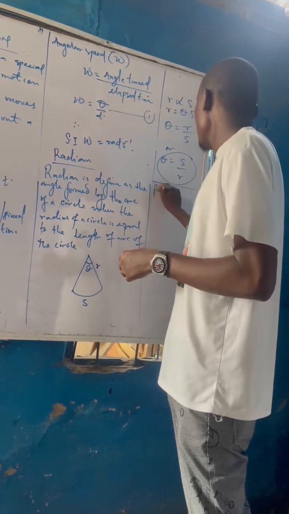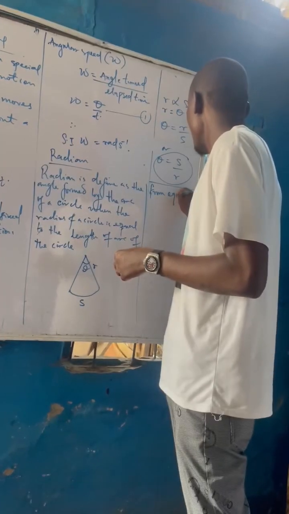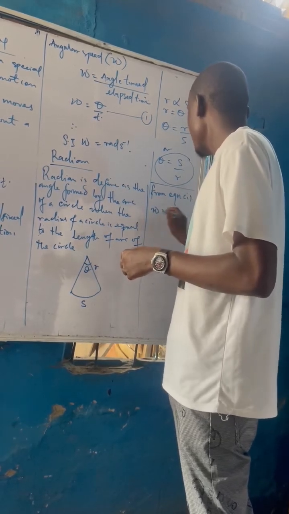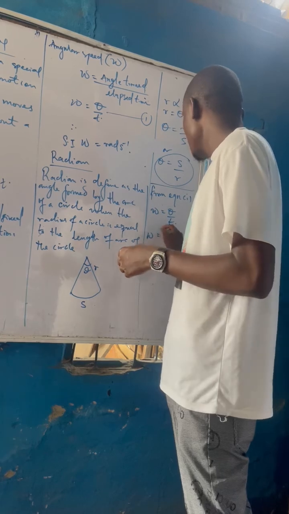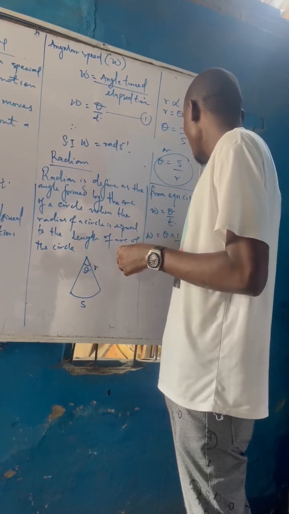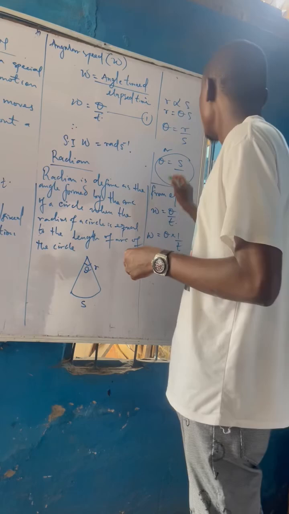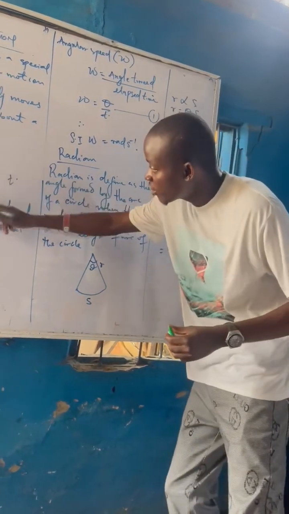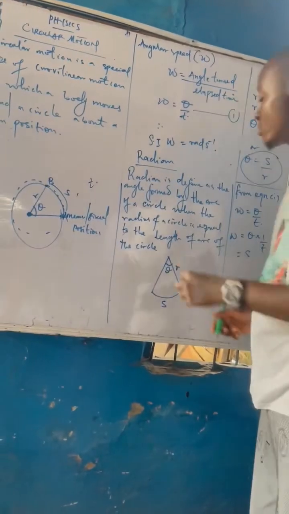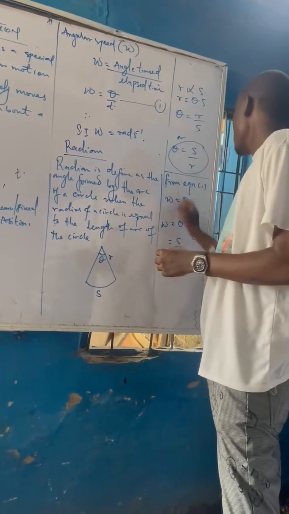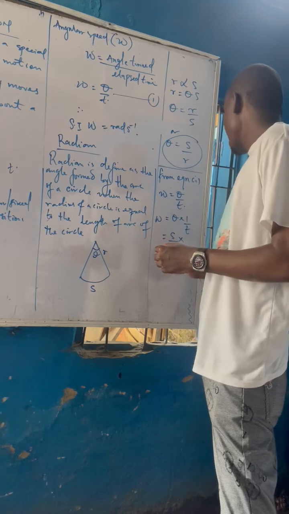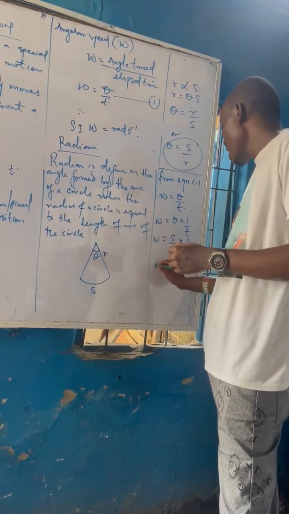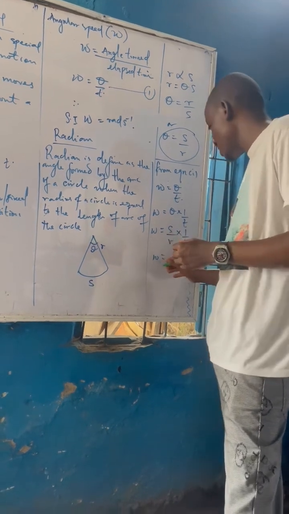So from equation 1, where angular speed is theta over t, we can say that angular speed, which is the same thing as theta multiplied by 1 over t, is going to be equal to, theta is the length of arc, or the distance moved by the object performing the circular motion, s over r multiplied by 1 over t.